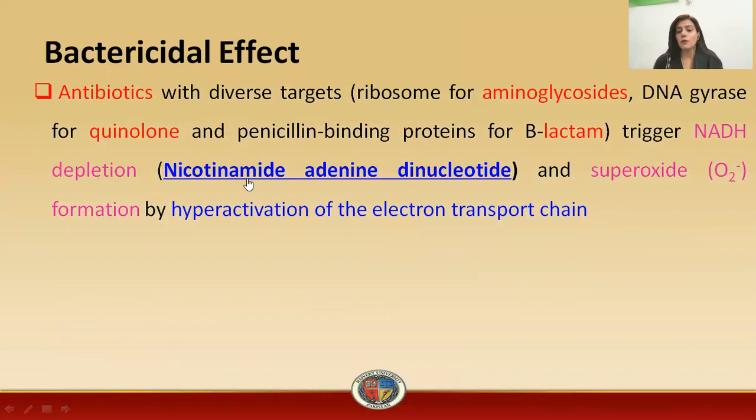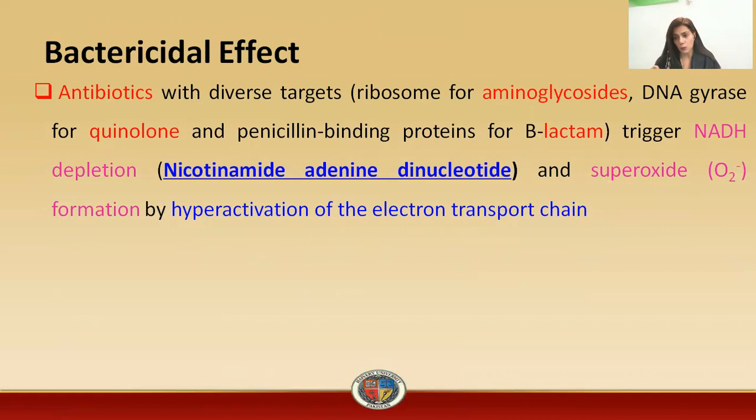It involves the production of superoxide. These antibiotics are commonly triggering the depletion of NADH, nicotinamide adenine dinucleotide, and enhancing the production of superoxide, O2 negative. The formation of this superoxide is by the hyperactivation of the electron transport chain.